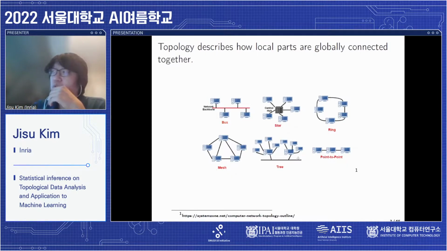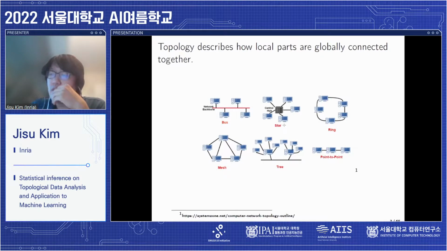And although the exact definition of topology varies in mathematics or computer science, they have some common idea, and I think that's also shared: the concept that topology describes how the local parts, so here, the computers, are globally connected together in the network.